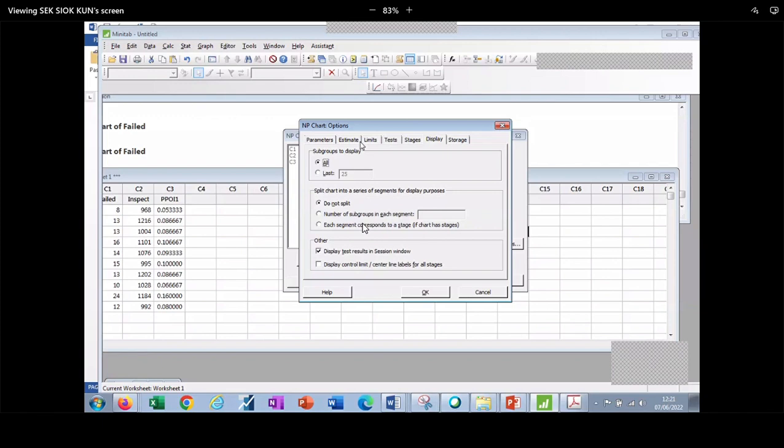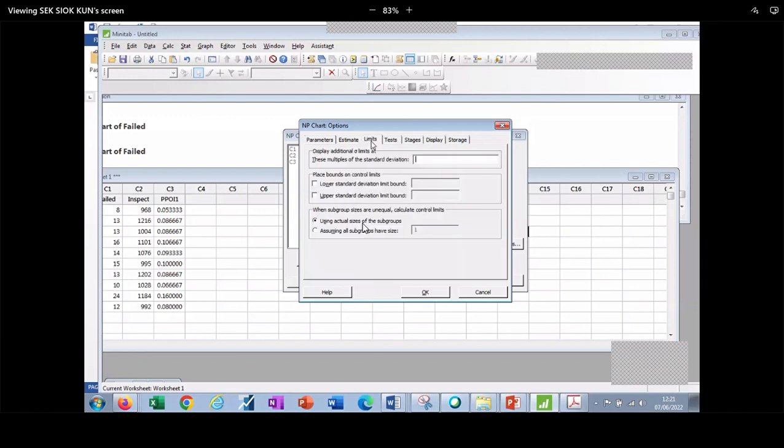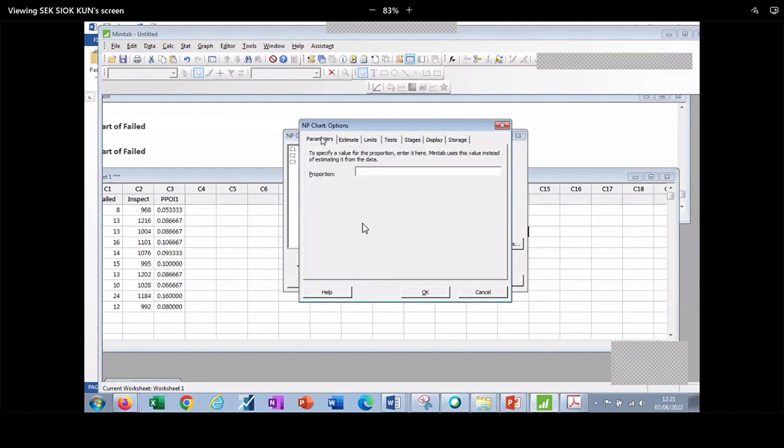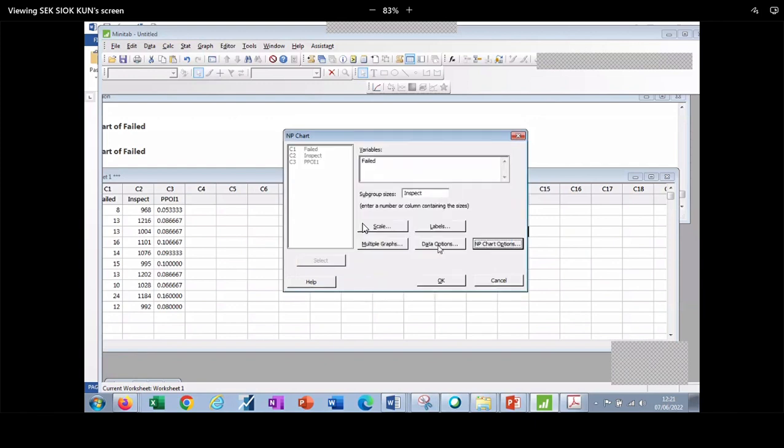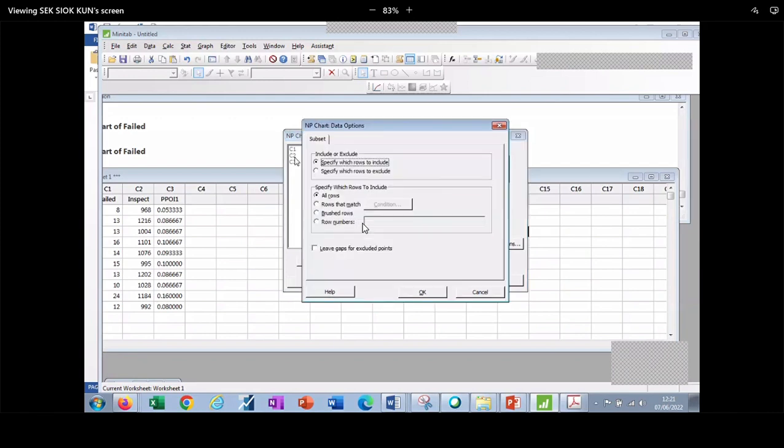For the data here, it is the same as the other types of control chart, even for the X bar and R chart.